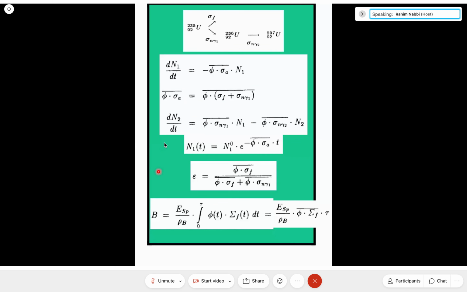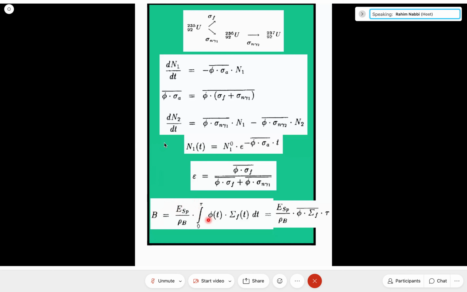We have to first find out how big the amount of fissions is during the operational cycle, for example. The symbol for that one is B, burn-up. And burn-up is defined this way.